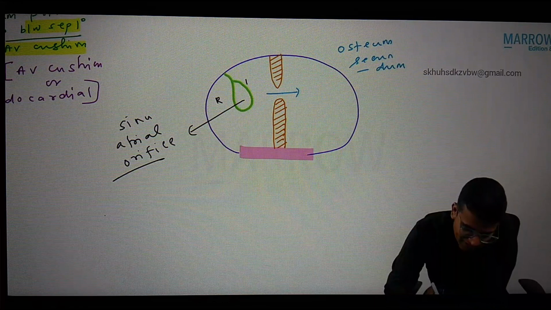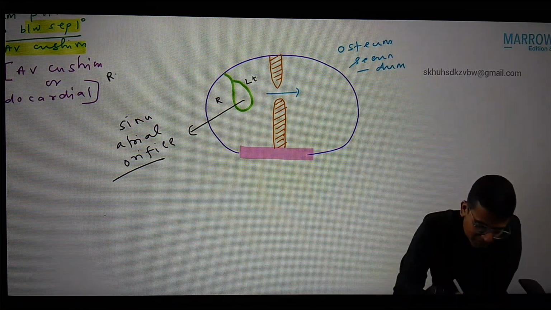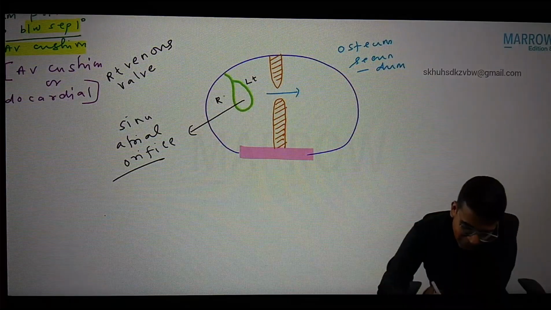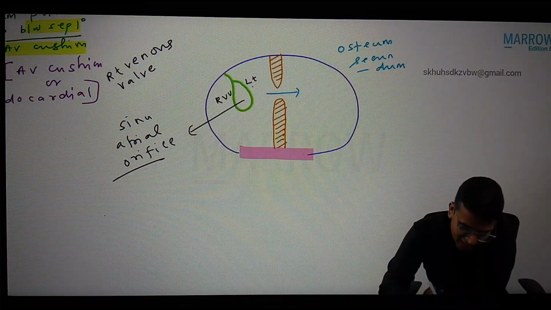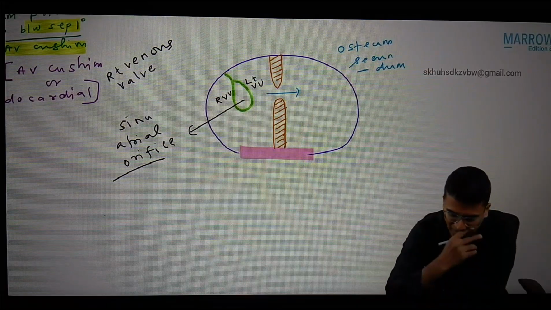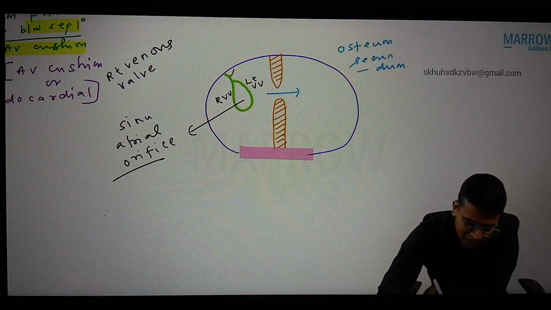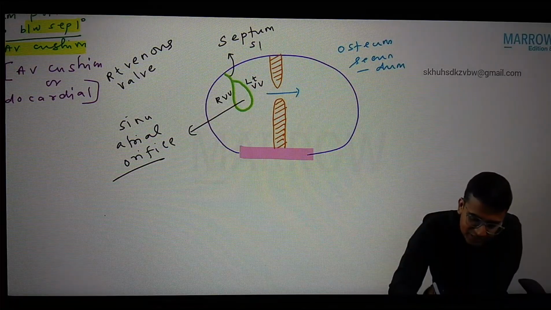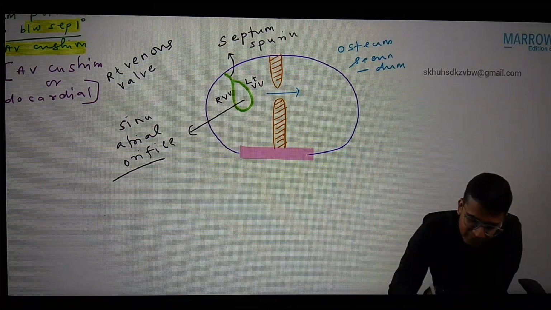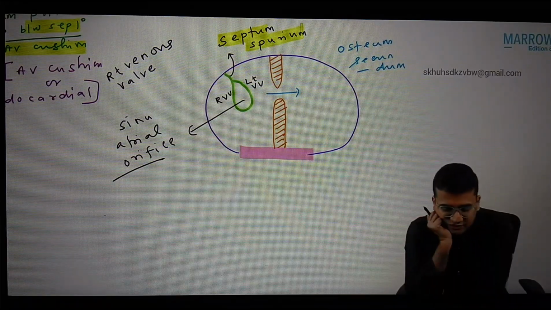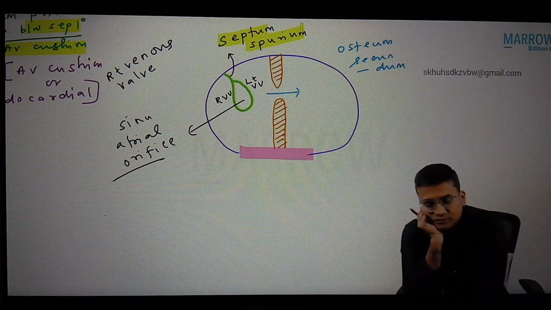This is the right venous valve and this is the left venous valve. I'm writing RVV and LVV, right venous valve and left venous valve. The right venous valve and left venous valve fuse and form the septum spurium. Remember this.